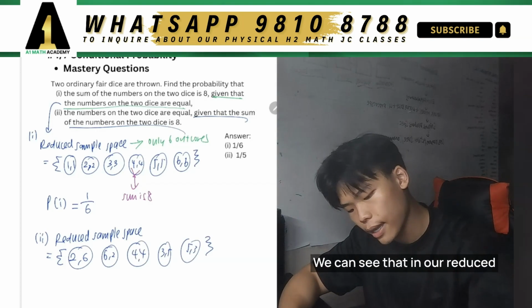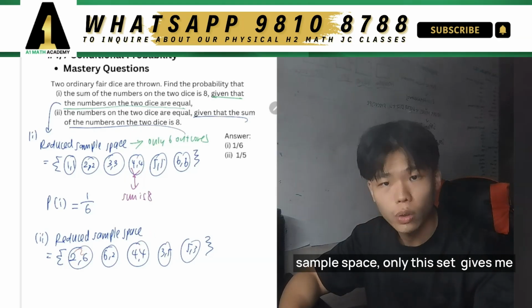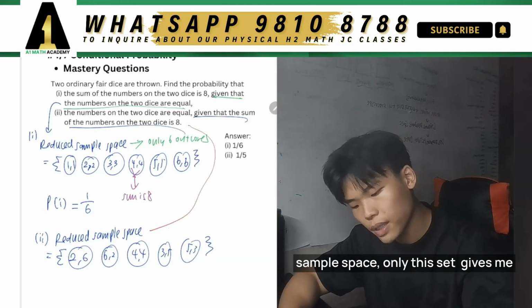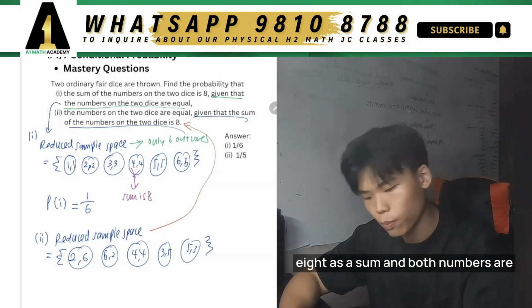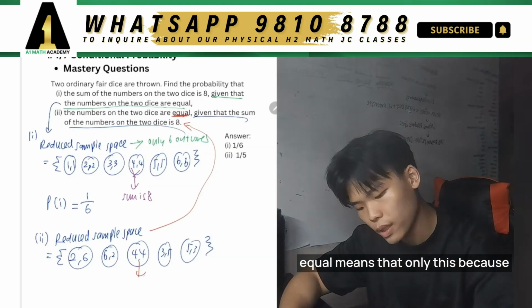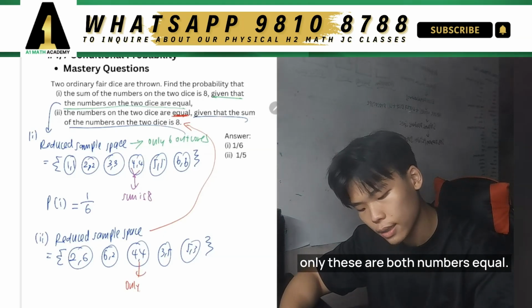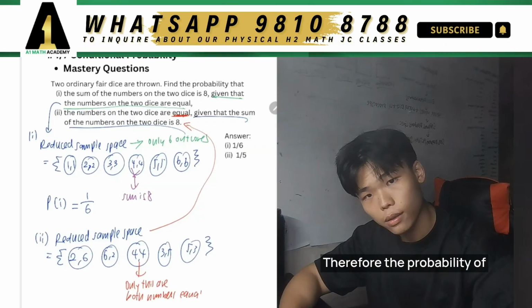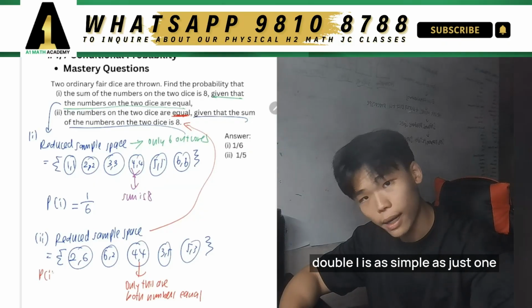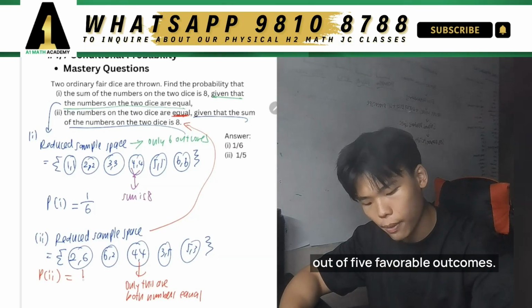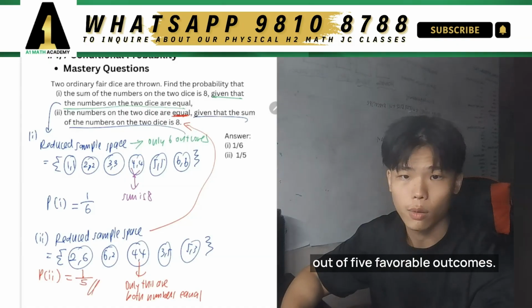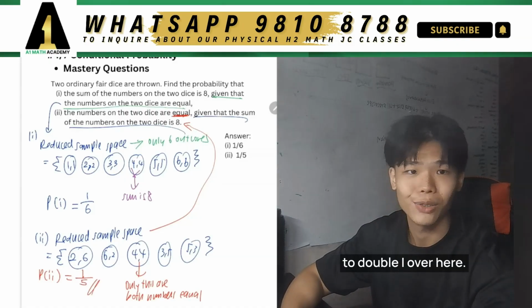We can see that in our reduced sample space, both numbers are equal only in this one, 4,4. Therefore, the probability for (ii) is as simple as 1 out of 5 favorable outcomes, and that's the final answer to (ii) for sure.